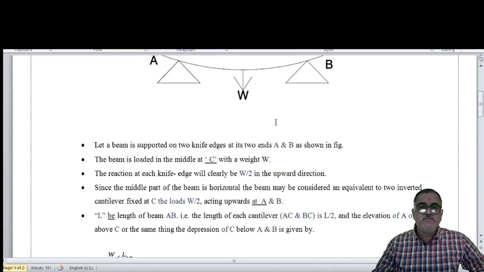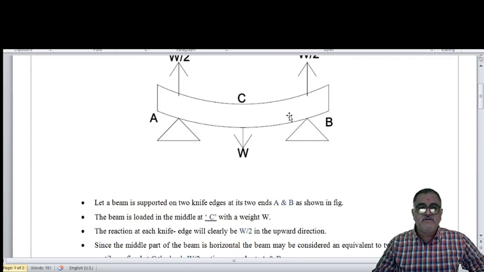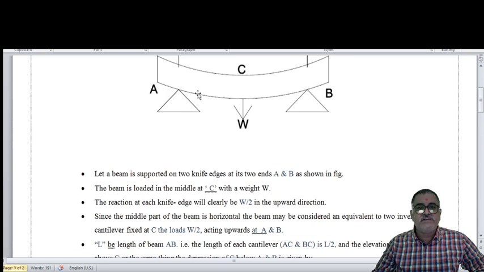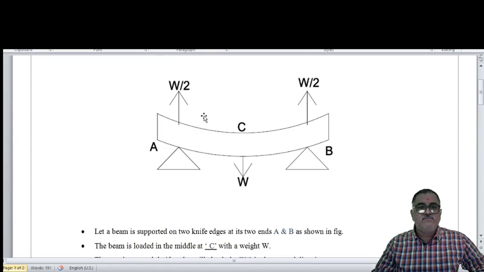The reaction of each knife edge is W by 2, the upward reaction of this load, acting in the upward direction.